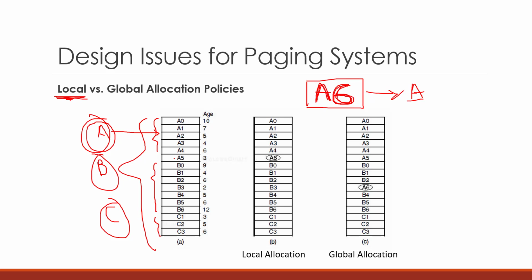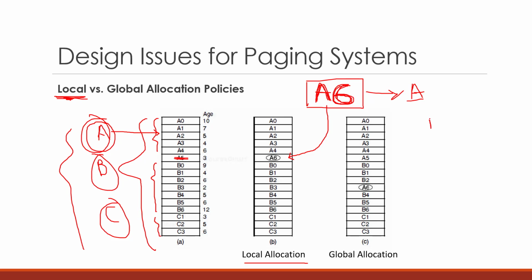So we can take out a page that belongs to process A, which is for example A5 in this case, and place A6 over here. This is called local allocation, which means that we are looking at only the local process. We are not talking about all the processes.